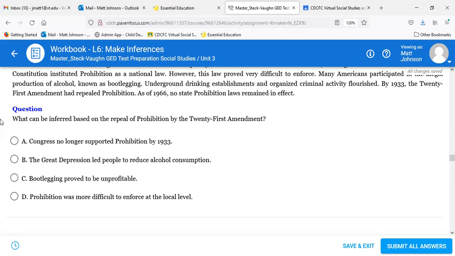B, the Great Depression led people to reduce alcohol consumption. C, bootlegging proved to be unprofitable. And D, prohibition was more difficult to enforce at the local level. D? A, Congress no longer supported it.